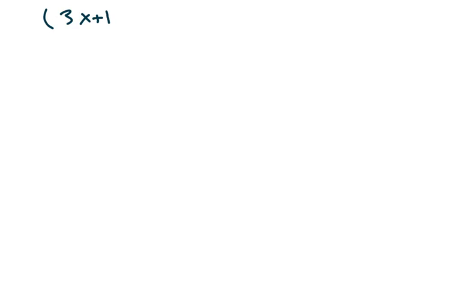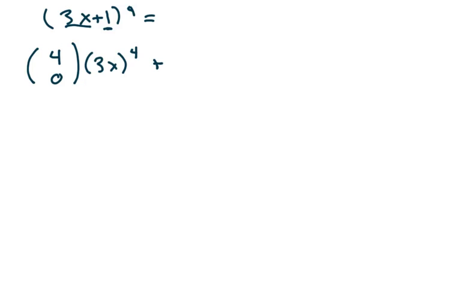3x plus 1 to the fourth equals, and you're going to use your combination thing. So my a is 3x. I'm not going to use my b part because it's a plus 1, and I'm just going to ignore that because it's just going to be 1 all the time.